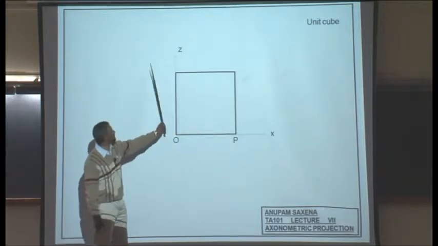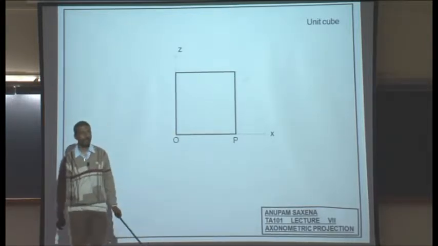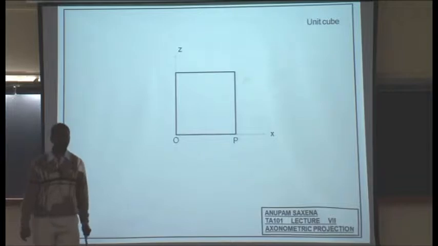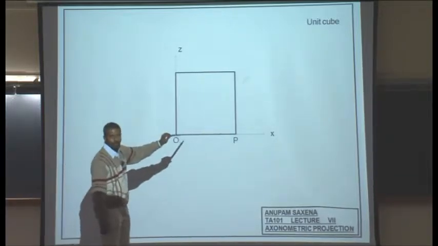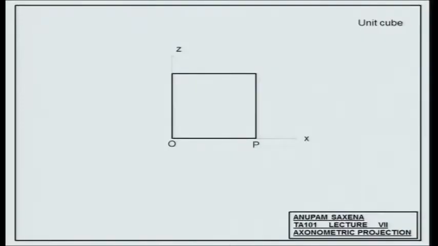This is the x, this is the z, where is y? Outside or inside? Inside. Right hand rule. Okay. Let us practice. Let us orient this cube in such a way that you are able to see the 3 planes. Right now you are seeing just the 1 plane. Let us first rotate this cube about the z axis by an angle alpha.